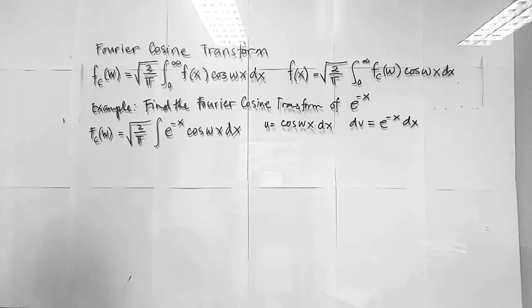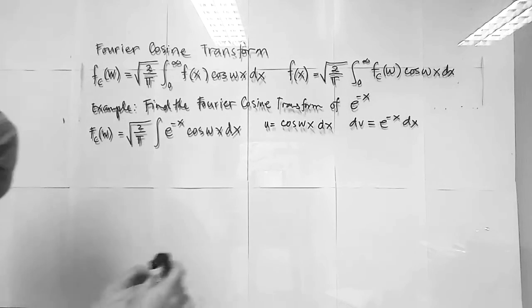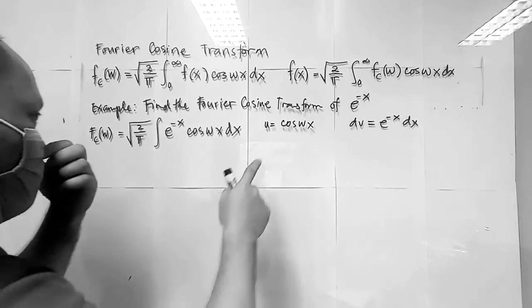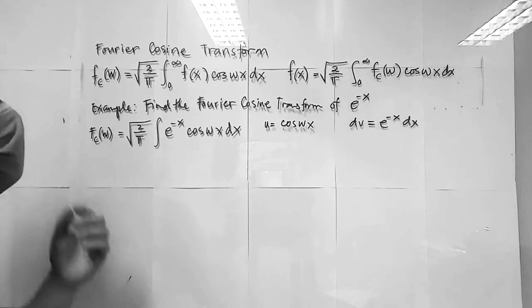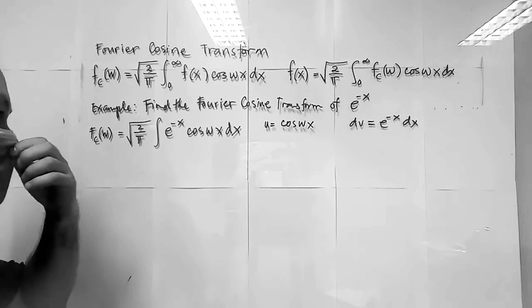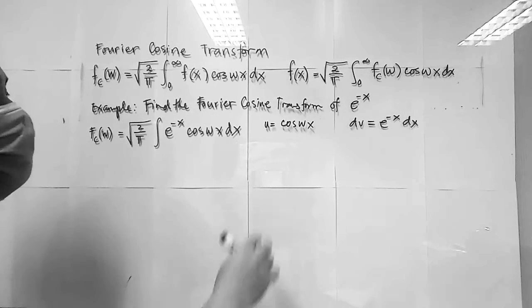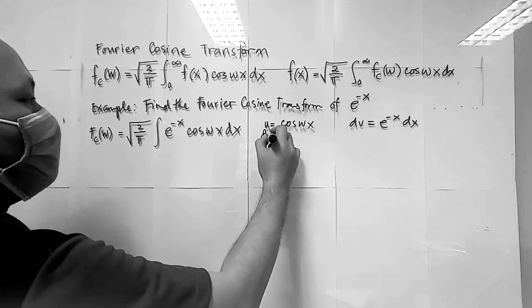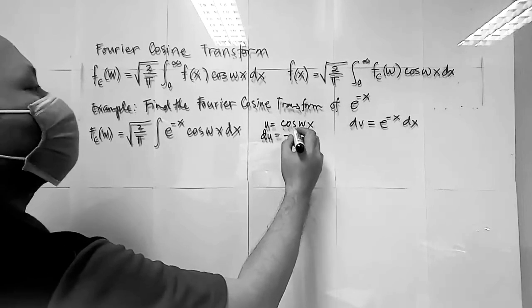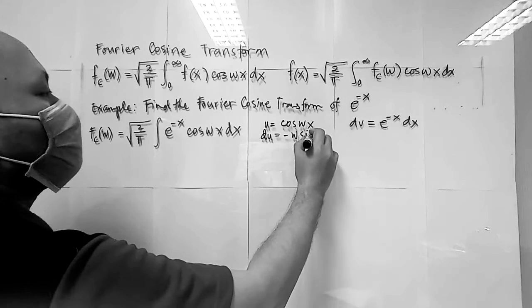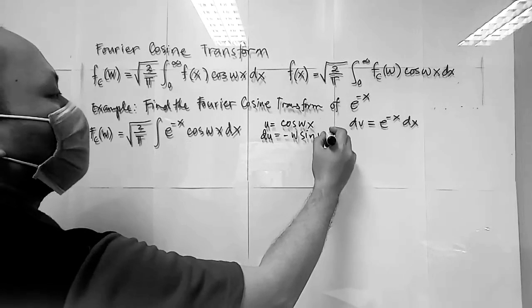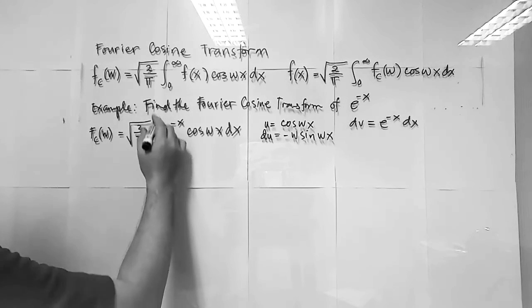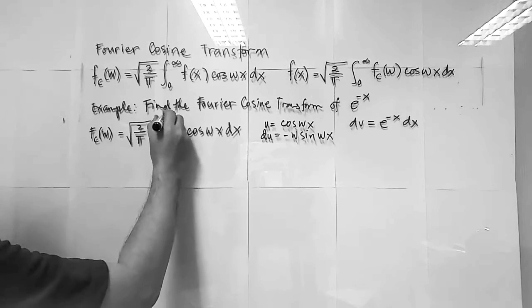Let u equal cosine wx. The derivative of cosine is negative sine wx times the derivative of wx, which is w. So our du equals negative w sine of wx. And of course, our limits are from 0 to infinity.